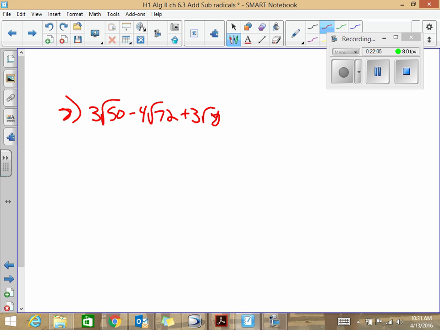So again, don't worry about trying to make a match right away, just simplify them. So 50 is 25 and 2. So radical 25 is 5, so we get 15 radical 2 minus, 72 is 9 and 8. Or no, 72 is not 9 and 8. It is 36 and 2.